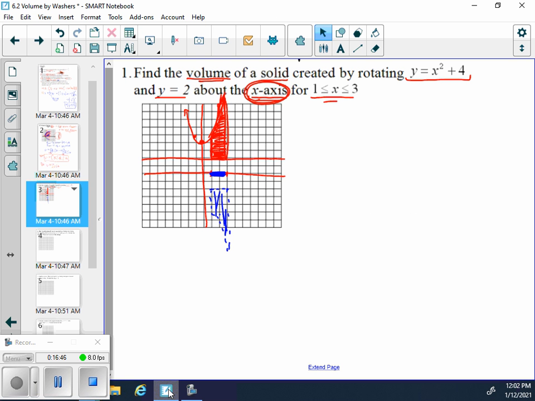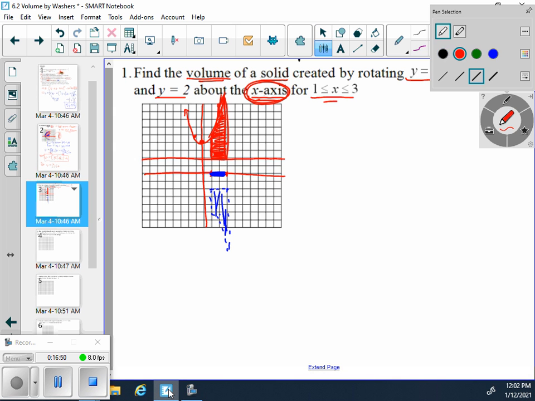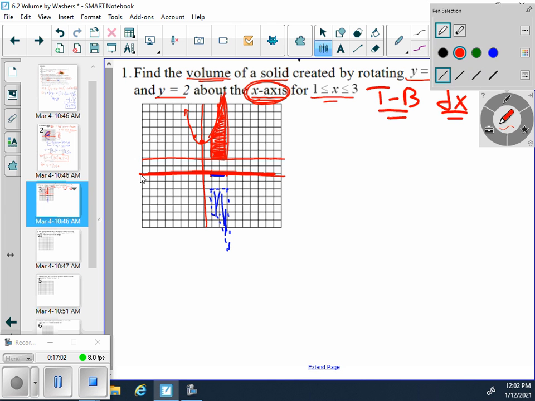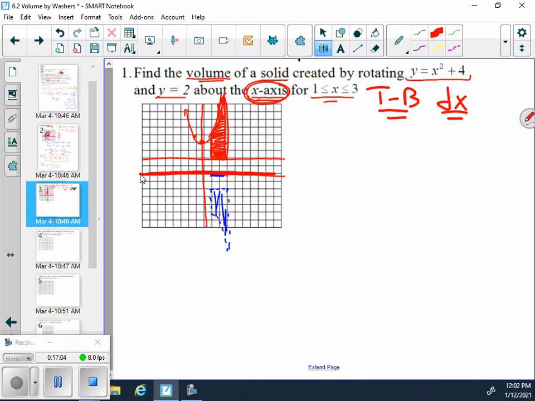All right, well, because there's a gap, we're going to have to set up our equation here. In order to do this, remember that because we're revolving about a horizontal line, it's top minus bottom. It's top minus bottom, so this means dx. So let's talk about our different radii. We're going to have a radius of the outer, and we're going to have the radius of the inner.